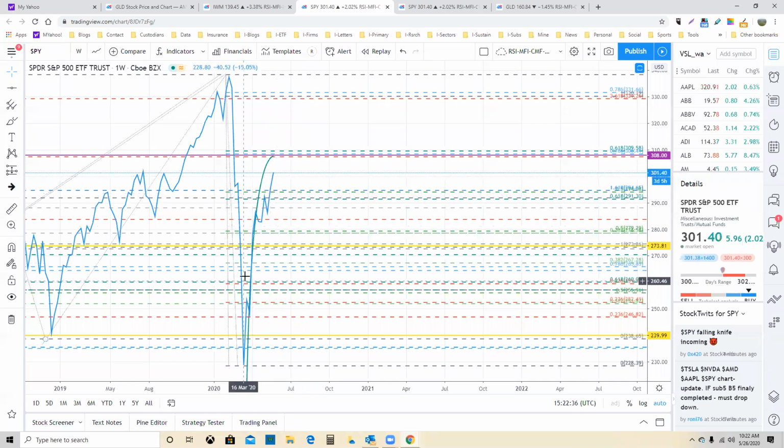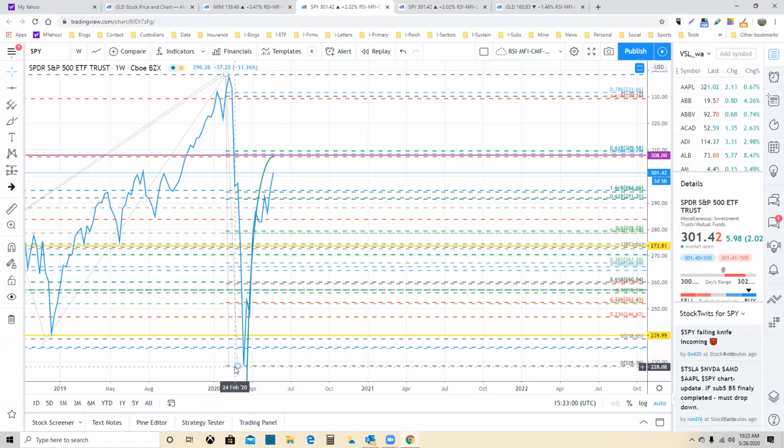So just look at the way that I had this drawn and where it's headed to. I mean, that's almost freaking perfect. It really seems like the Trump election cycle is what this is all based off of. We'll see. I mean, look where the correction went. It hit right there.